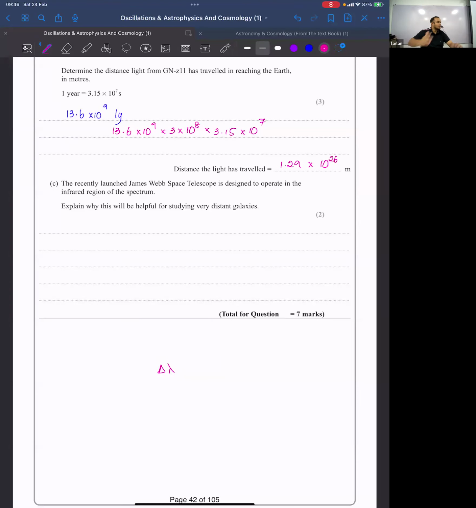It can be in the range of infrared. The light which is seen, by the time it comes here, might not be in the visible light spectrum. It has gone past that boundary, and maybe it is infrared. So it is good to have something which can detect infrared.